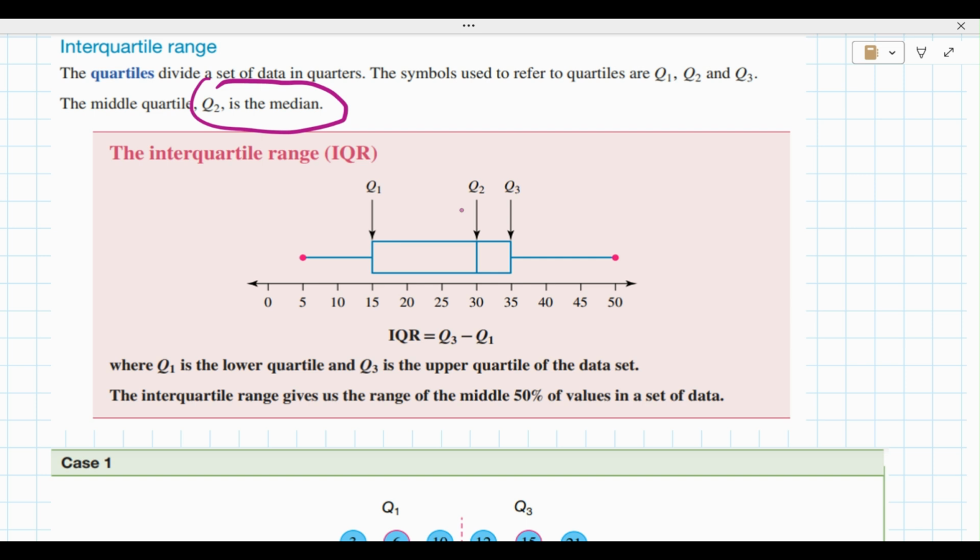Q1 is the lower quartile, from the minimum to Q1 is 25% of the data. Q1 to Q2 is 25% of the data. Q2 to Q3 is 25% of the data. And Q3 to the maximum is 25%. So in total, 100%.